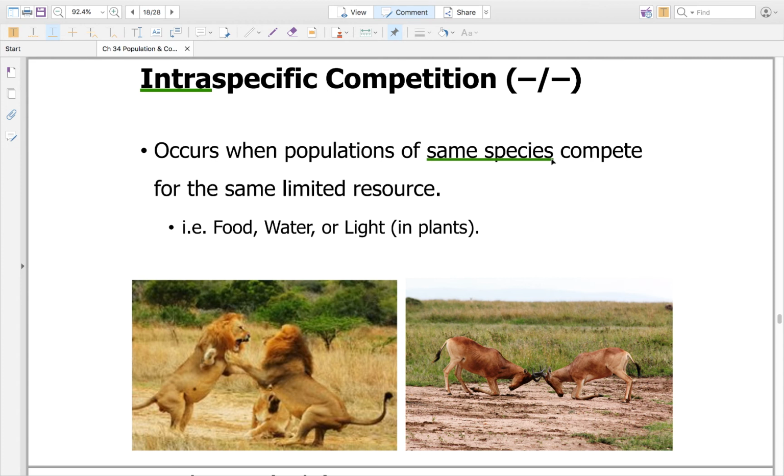They have, like, these two lions. We don't know who's going to win this fight because they are born with the same weapons, right? The same kind of anatomy, the same teeth and claws and agility and that sort of thing. Therefore, it is the most fierce competition there is. Intraspecific.